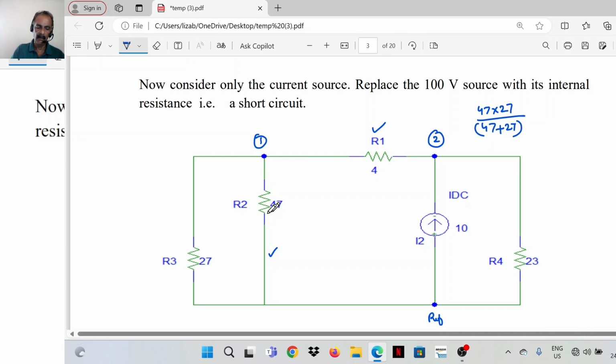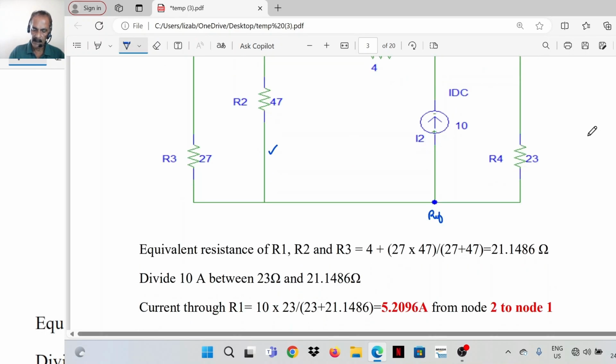That is the equivalent of R2 and R3. That comes in series with R1. That is, we have to add 4 to that. This is the resistance on the left side. Right side, it is 23. So this value, 47 into 27 divided by 47 plus 27.